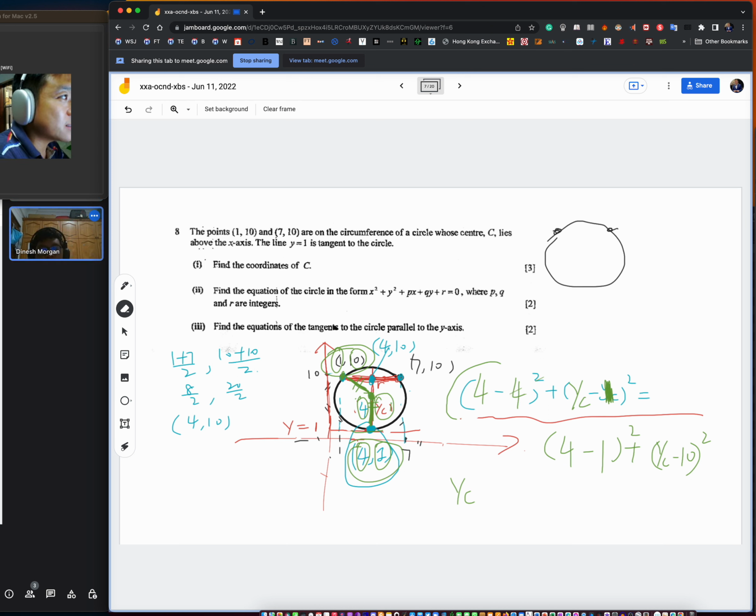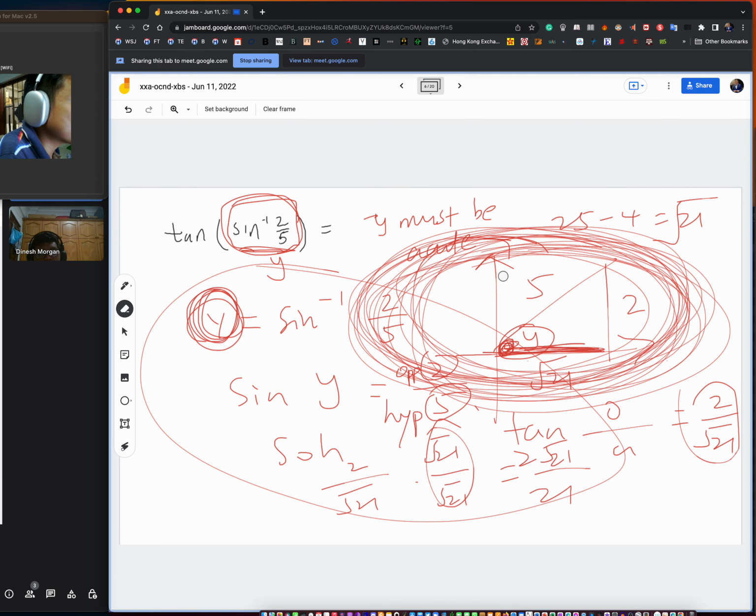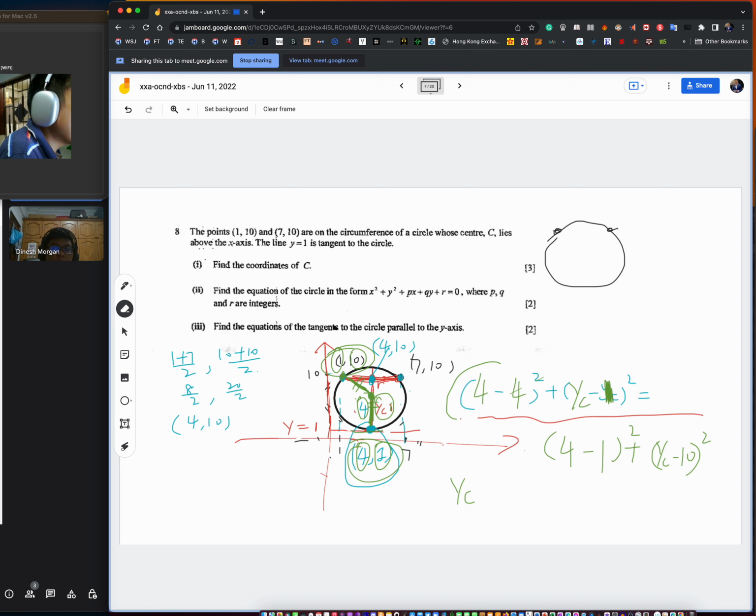We just did it just now, right? We don't need the square root, because this is our r square, radius square.